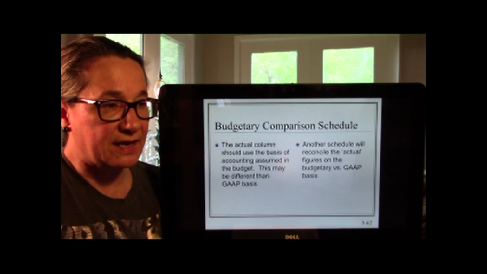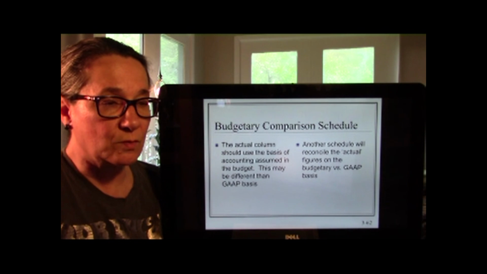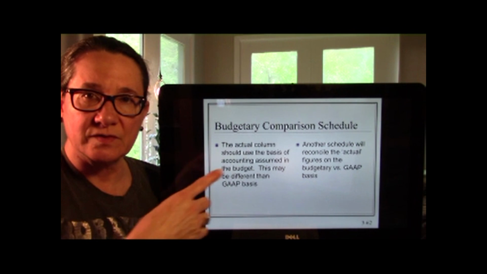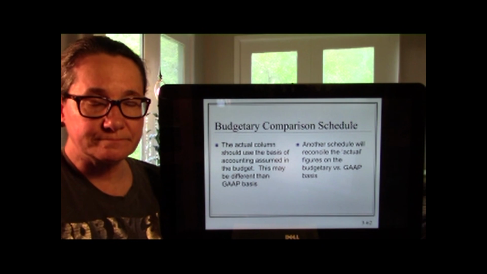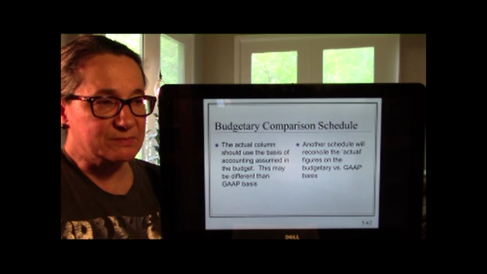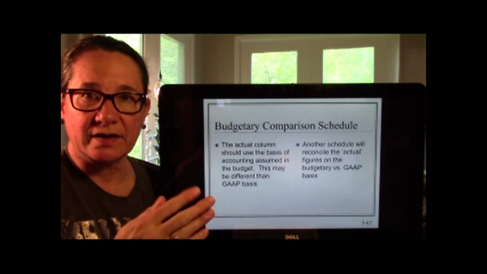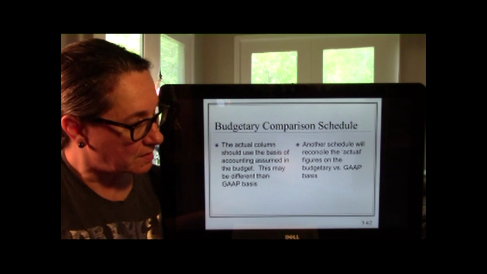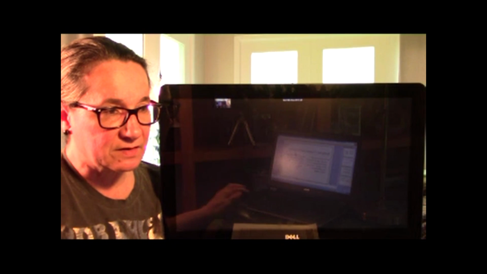And that actual column will be out there, and we'll look at some of those in the examples I've given you later. But there is a budgetary comparison schedule. Why? Because people want to know how their tax money got spent, and did you do it the way you said you were going to do it. And that takes care of this chapter.